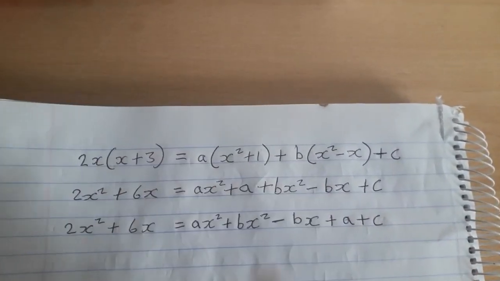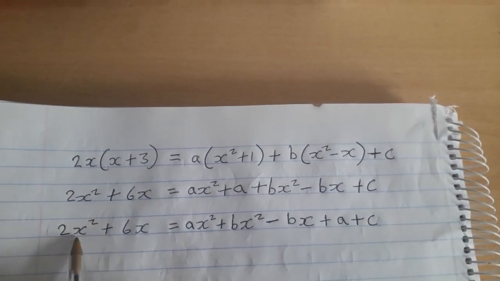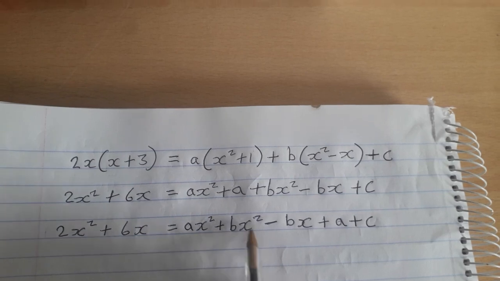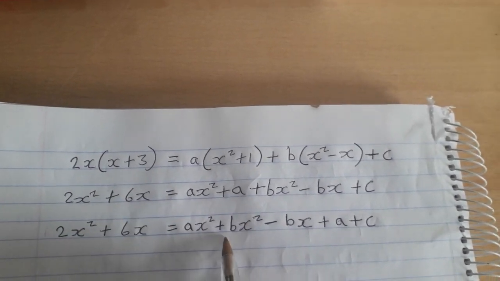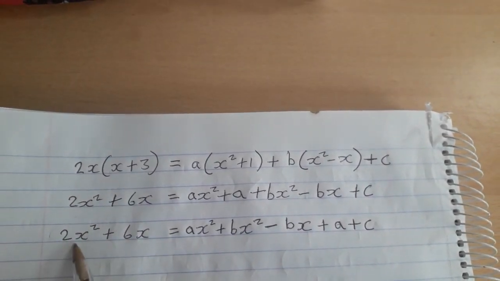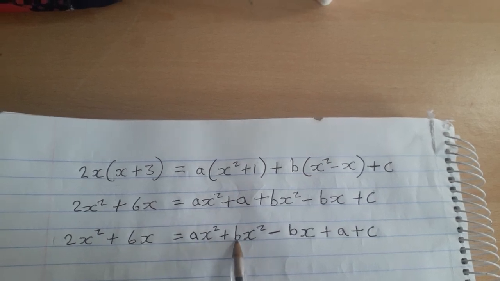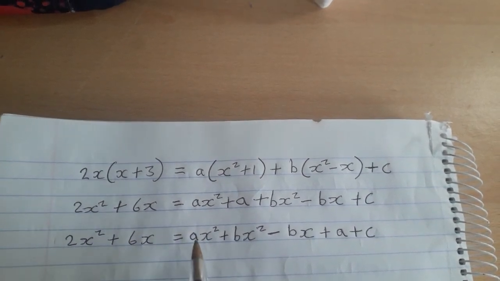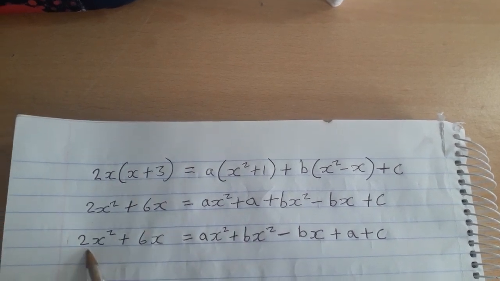But looking at both sides, first of all, this has a 2x squared here, this has got this ax squared plus bx squared. So when I put these two together, then they should amount to the same as what's on this side. So in other words, a plus b should amount to 2, because when I add ax squared and bx squared together, I should end up with 2x squared.